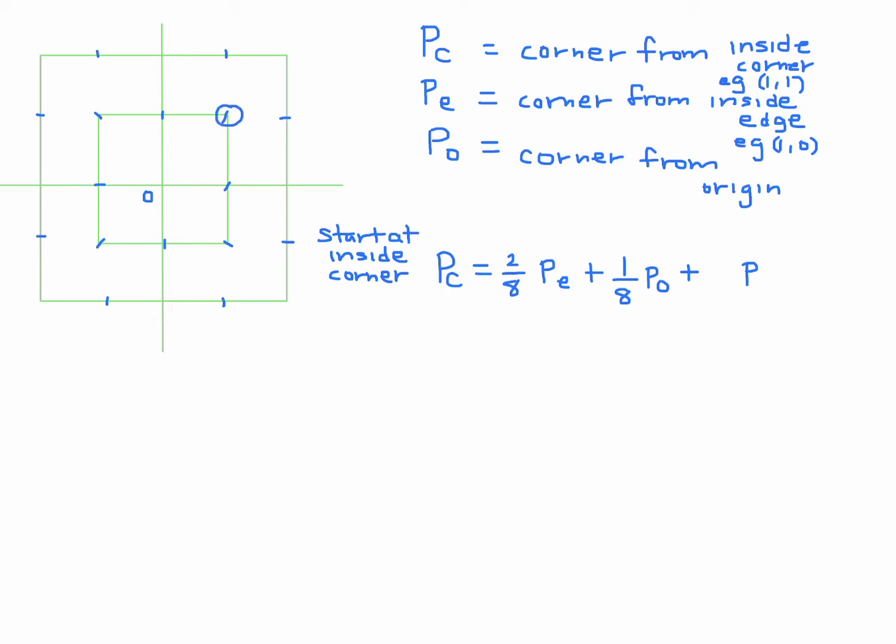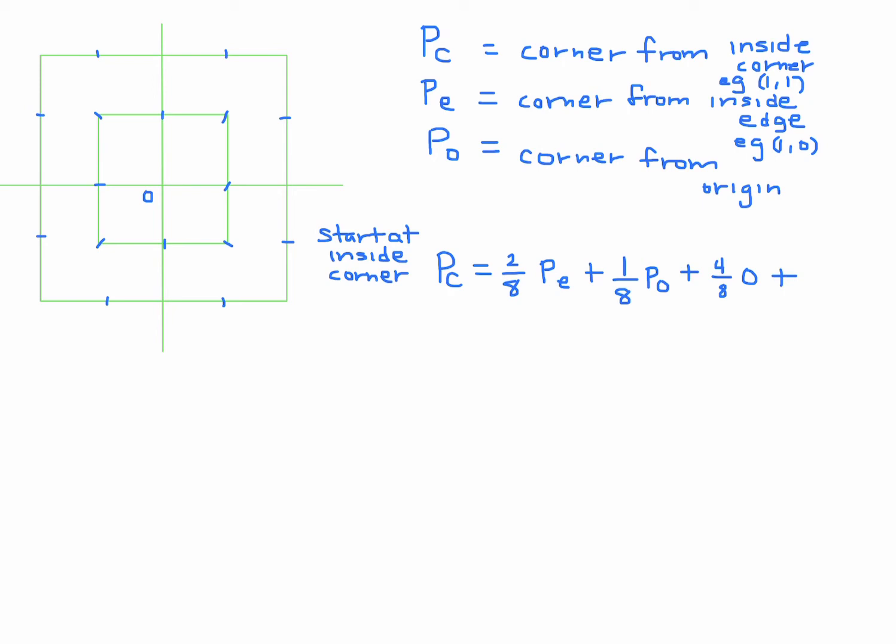So we're starting here, at a corner. If we get to this outside edge, either here, here, here, or here, well, it's game over. We've sort of lost because we're trying to get to a corner. So that basically represents a probability of 0. So we are really going to put 4 out of 8 times 0.